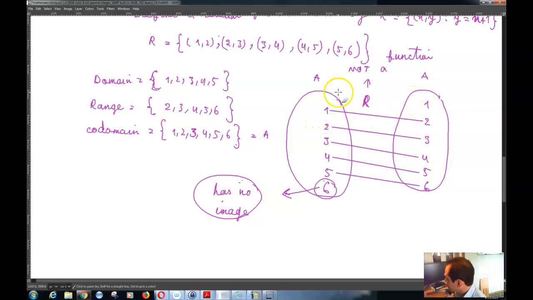Or if you take a look at example number 8, what we can see is that example number 8 was something like this.